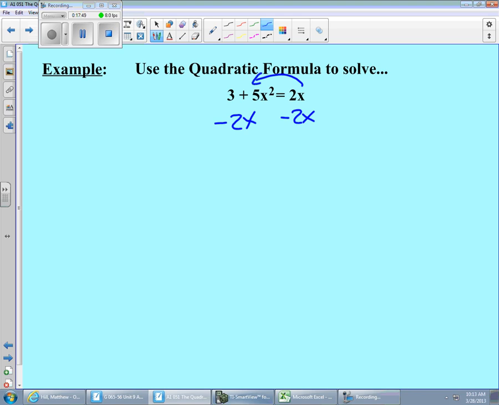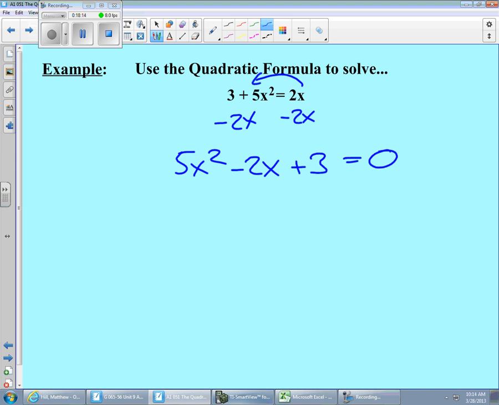I'm going to put the x squareds out front, so 5x squared. The next thing would be the x to the first terms, and here they came, minus 2x. And then the constant was positive 3, and that emptied out the right side of the problem. So there is nothing over there on the right, equals 0.